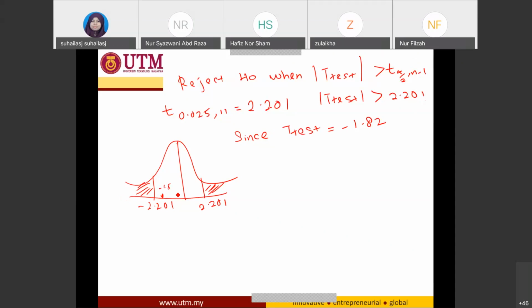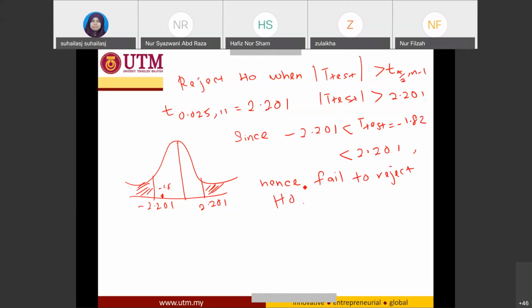So this is how you write it. Since our value of t-test, minus 1.82, is between minus 2.201 and 2.201, hence fail to reject H0, because it is in the acceptance region.